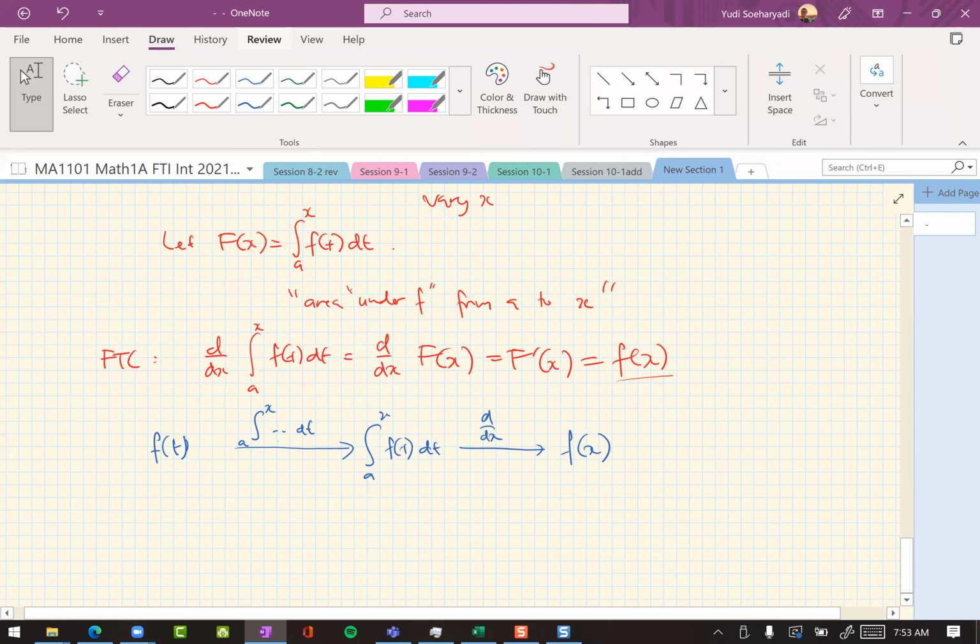So in this case, you see that this integral in this particular form and the derivative are inverse to each other. Okay, so in this sense, the integral and d/dx are inverse of each other.